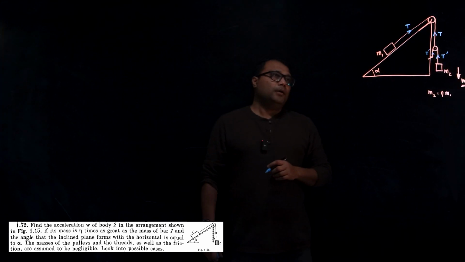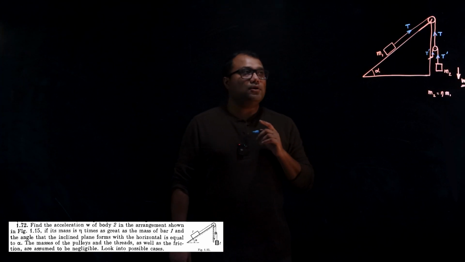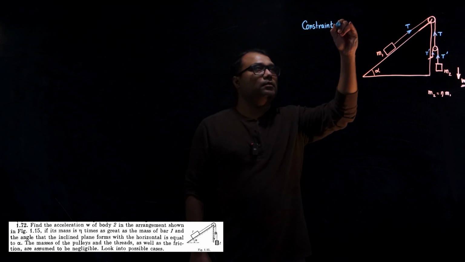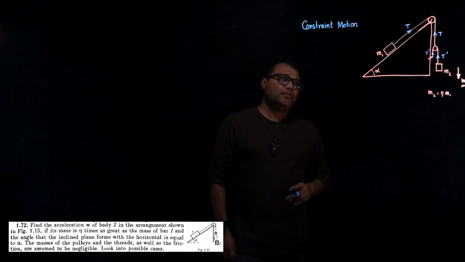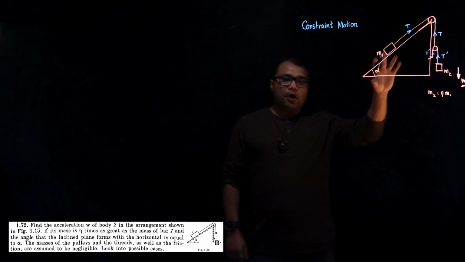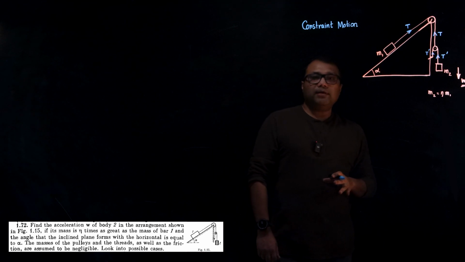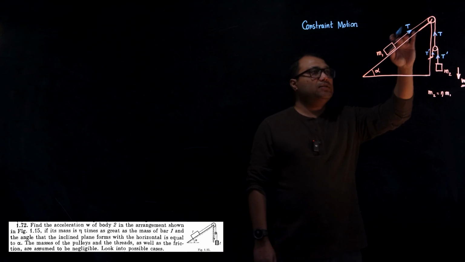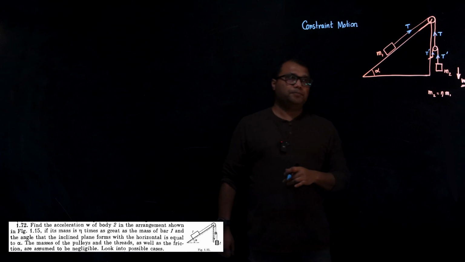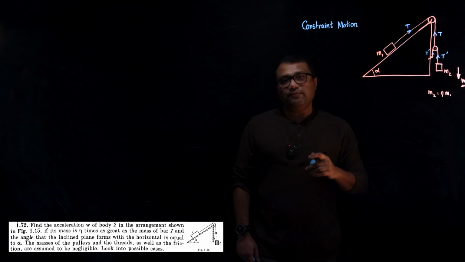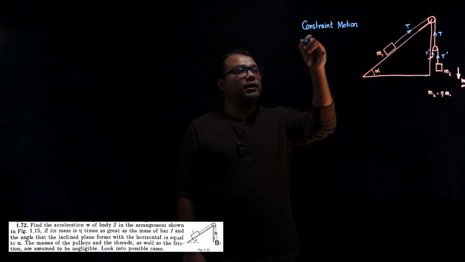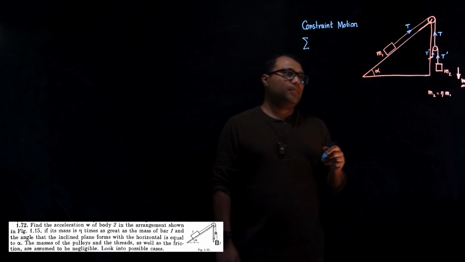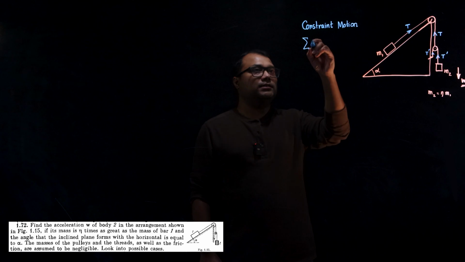Okay. Now we'll talk about something called constraint motion. When you have a complex pulley arrangement like this, it often gets confusing. So this type of motion is called constraint motion. One thing you have to remember is that the total work done by all the tension forces is always equal to 0 in this kind of situation.